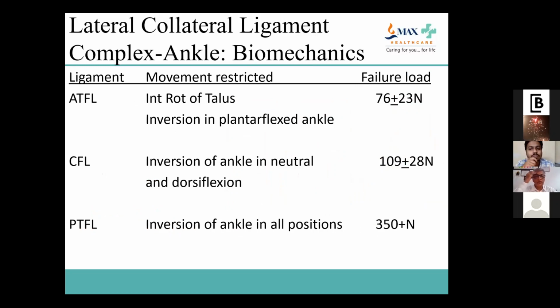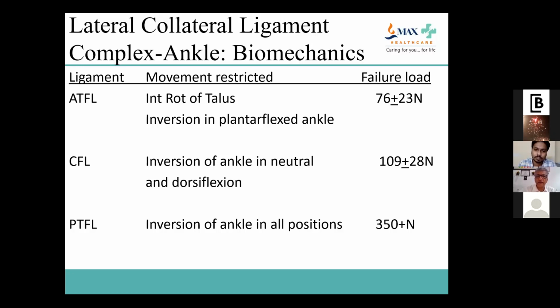Now, if we look at the biomechanical data, what does the ATFL do? ATFL is tight when there is internal rotation of the talus and when there is inversion in a plantar flexed ankle. It is tight till there is a failure load of about 100 newtons, at which it fails, meaning it tears.